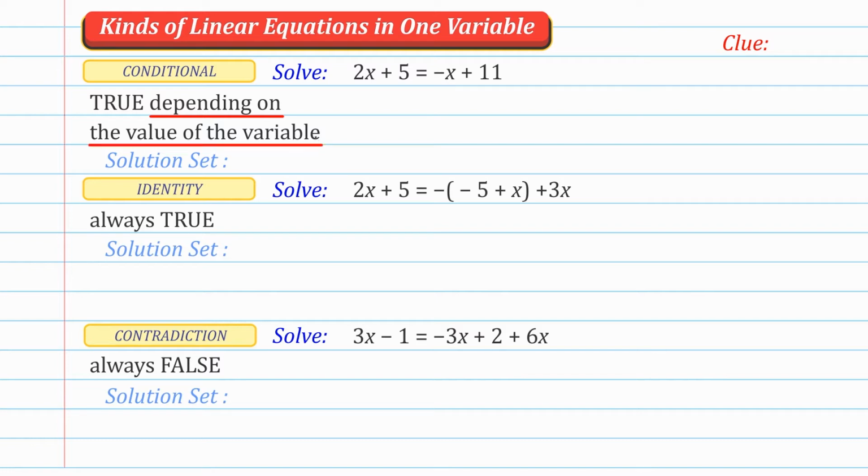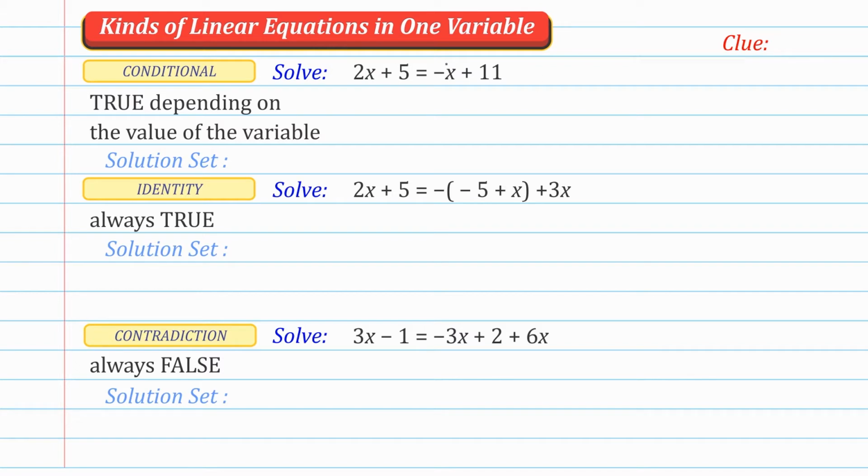Okay, sige na nga. Let's try and do this. Now, we will have a tendency to, kapag ganito ang tanong, what we will try to do is solve muna ito, di ba? How do we solve equations like this? Sir, we have variable on the left, variable on the right. So what do we do again? What we do to solve for x is, di ba, you isolate the variable.